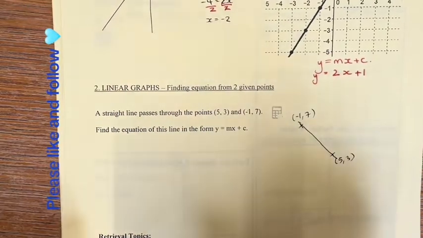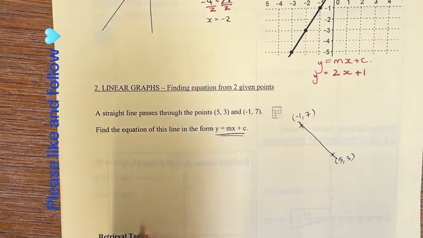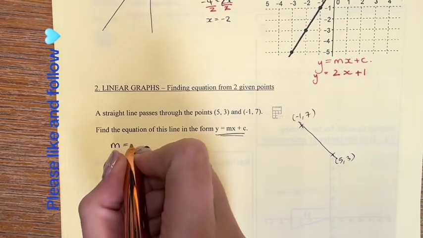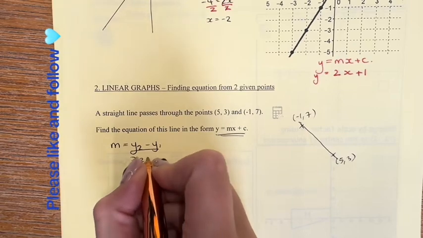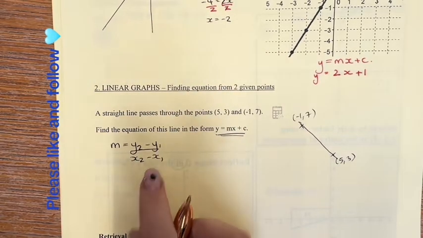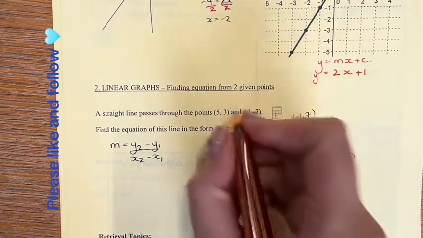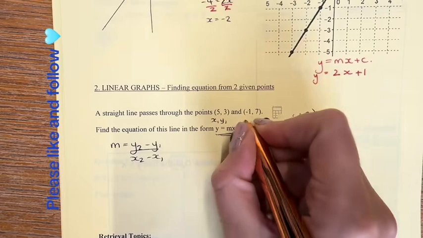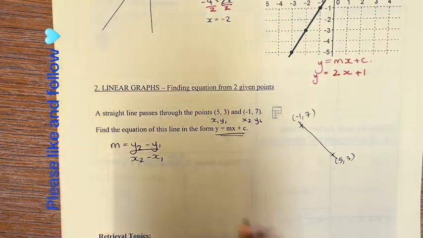Okay, so now we remember this format of our line, and the first thing we're going to find is the gradient. And the gradient formula we're going to use is change in y over change in x, y2 minus y1 over x2 minus x1. So we'll number our coordinates, x1, y1, x2, y2, and substitute them in.